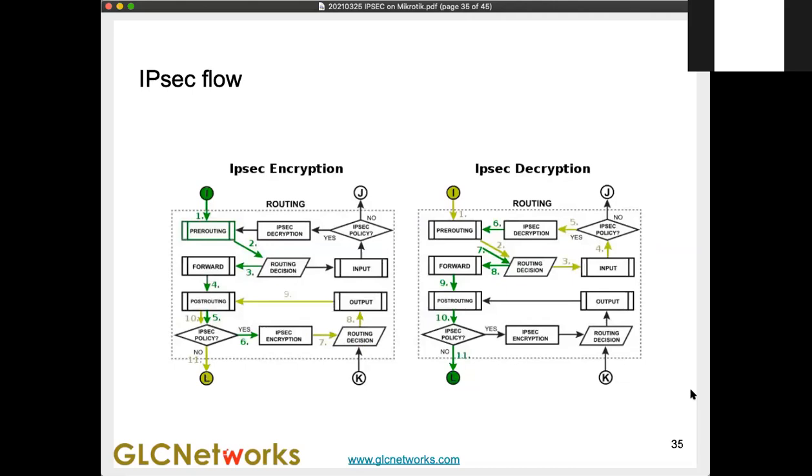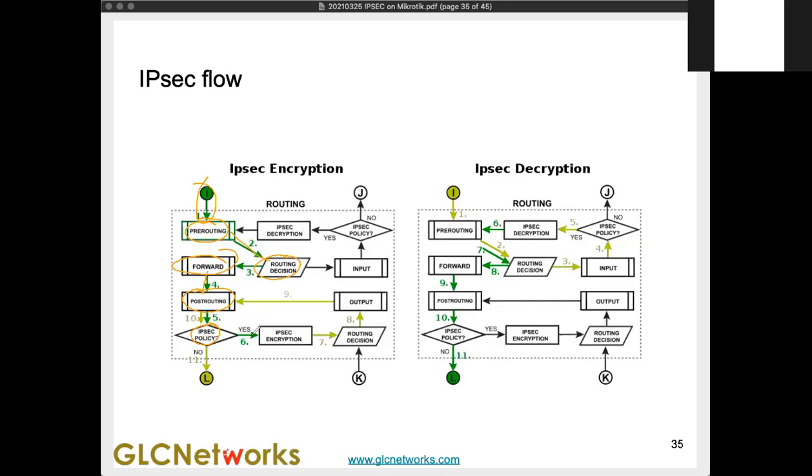For IPsec, it has some modifications. Packets come in, go to pre-routing, then to the IP routing decision, forward, and then post-routing. Then we check: is an IPsec policy active or not?